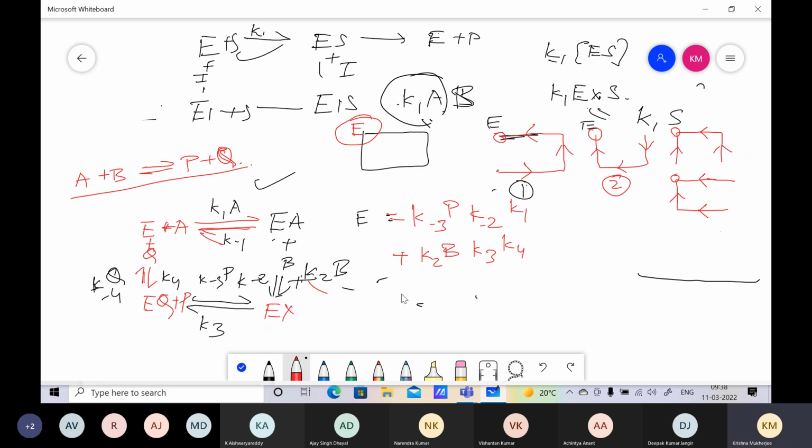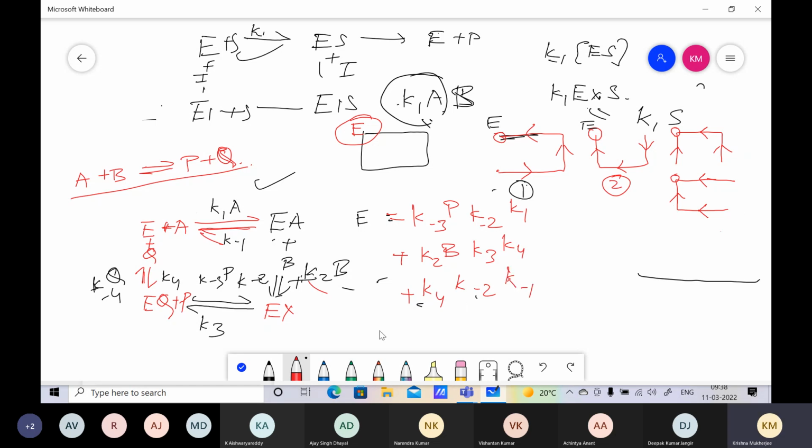And what about the third one? Plus this is this reaction, which is K4 into these two reactions, which is, I hope I'm not making mistakes, K minus 2 and then K minus 1.